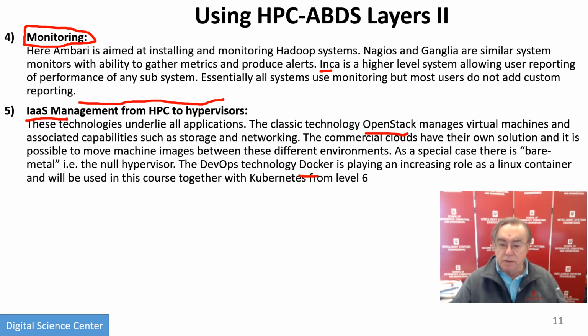I put Docker, which could be in this level at the DevOps level, which is the null, because it supports the null hypervisor. And we will also use Kubernetes, which is at level 6, the DevOps also. And there are lots of infrastructures, Xen, KVM, and things like that. We discussed some of these when we discussed virtualization.